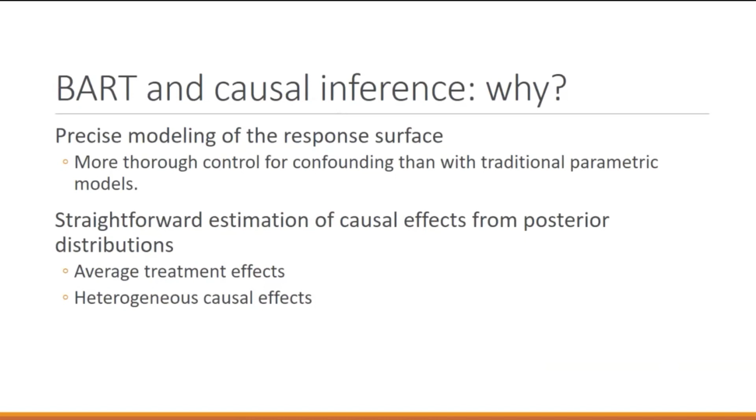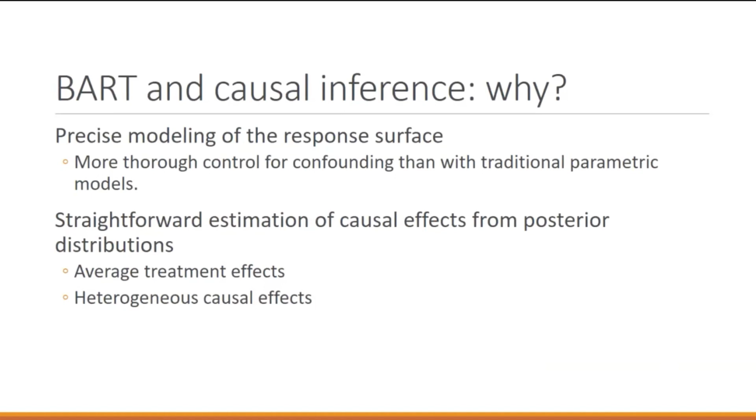It's still a very parametric relationship. And so if that is not the shape that the response surface actually takes, we're still only getting partial control of confounding due to whatever we have in our model. It doesn't get around the issue of unmeasured confounders any more than any other causal inference tool does, but what it does do is a very good job with the ones that we have measured, in terms of complete control of the confounding relationship.